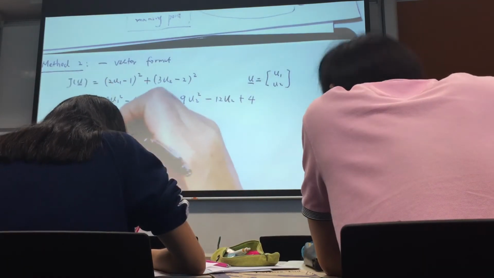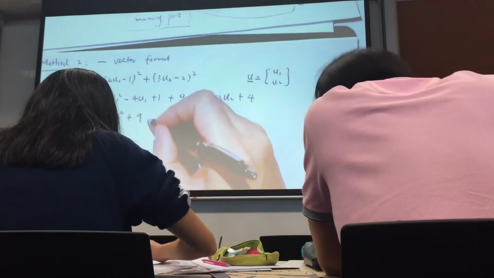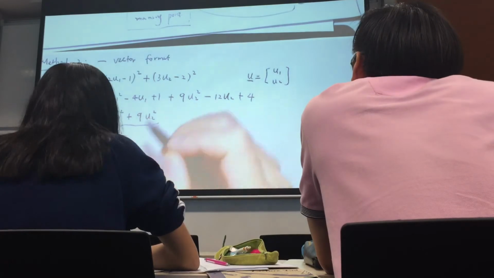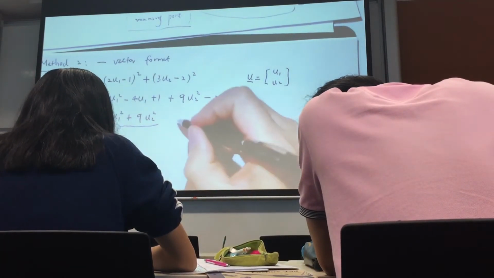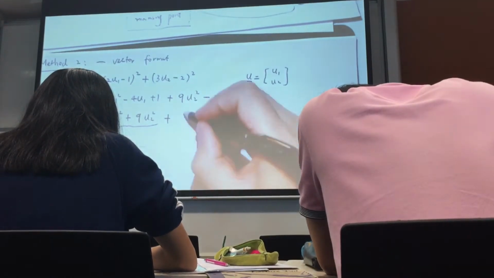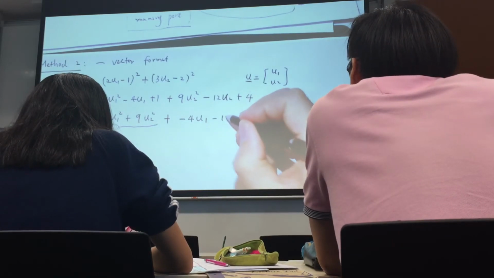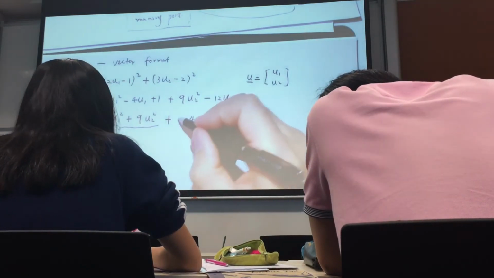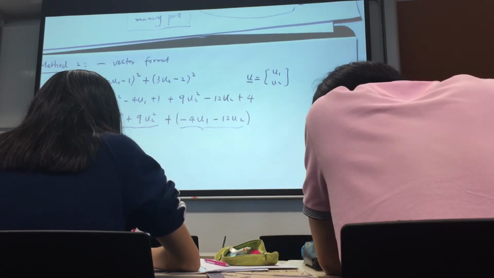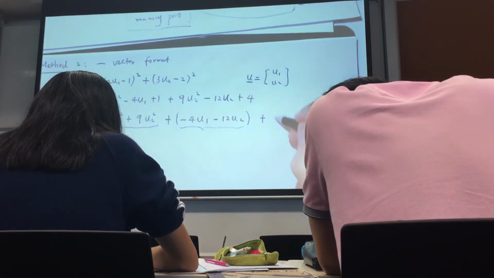So this is equal to 4u1 squared plus 9u2 squared, which are the second order components, minus 4u1 minus 12u2, which are the first order components, plus the constant.